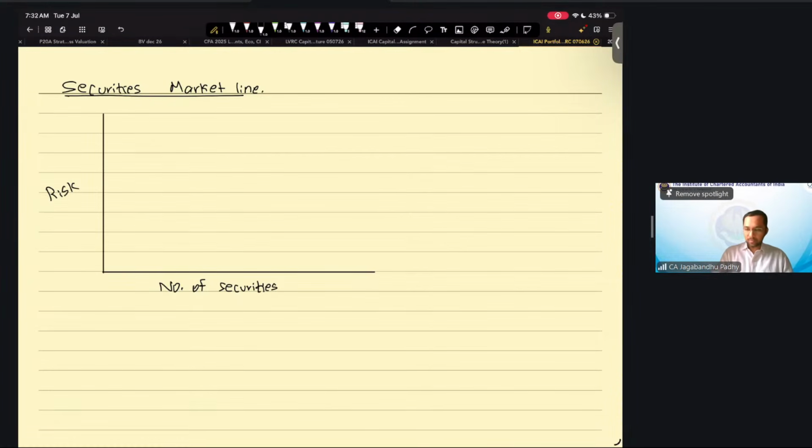What do you feel, guys? What will happen to the risk of our portfolio if we increase the number of securities? If you include more and more securities in your portfolio, what's going to happen to your portfolio risk?